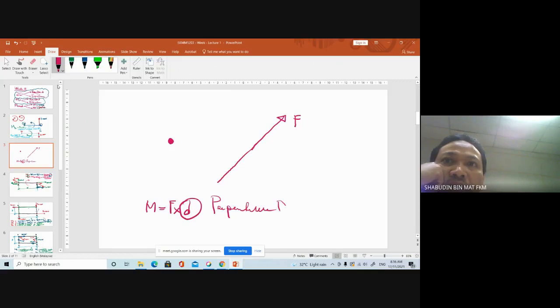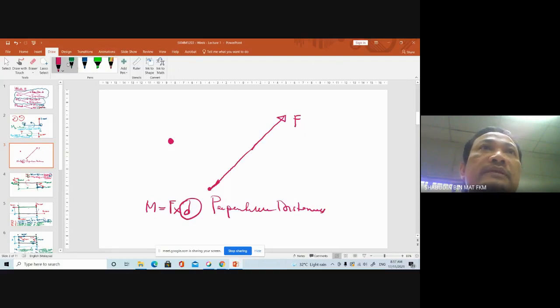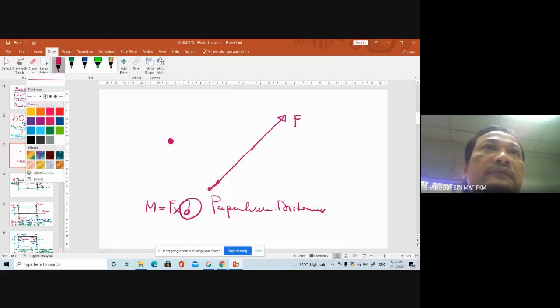Perpendicular distances, regardless of where the origin of the force is. So you have to get that distance d.